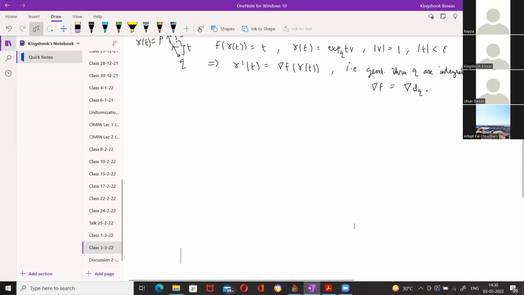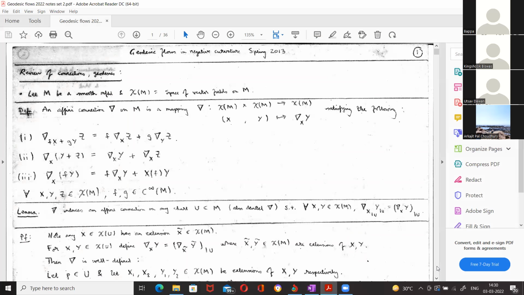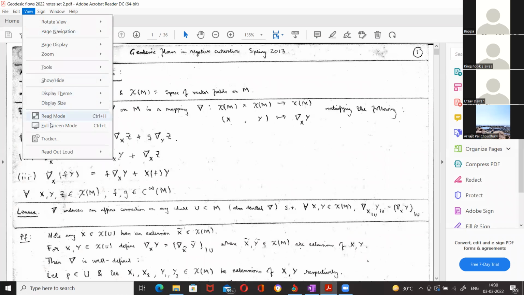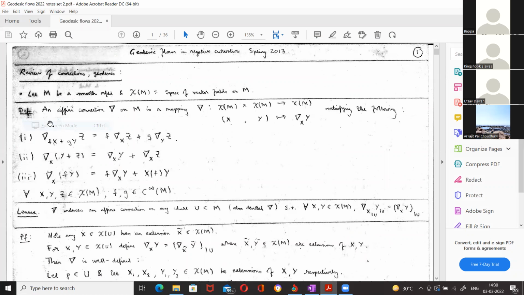Okay. So then let's finish the proof of the Hopf-Rinow theorem. Let me just switch to the better view.